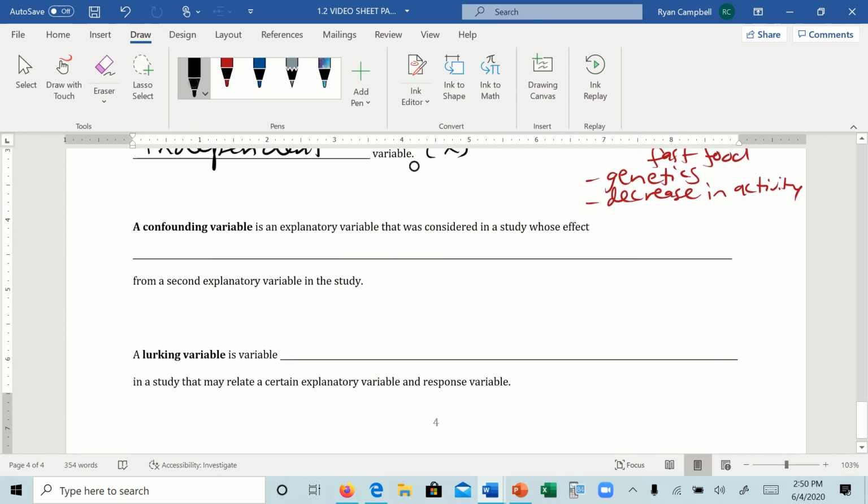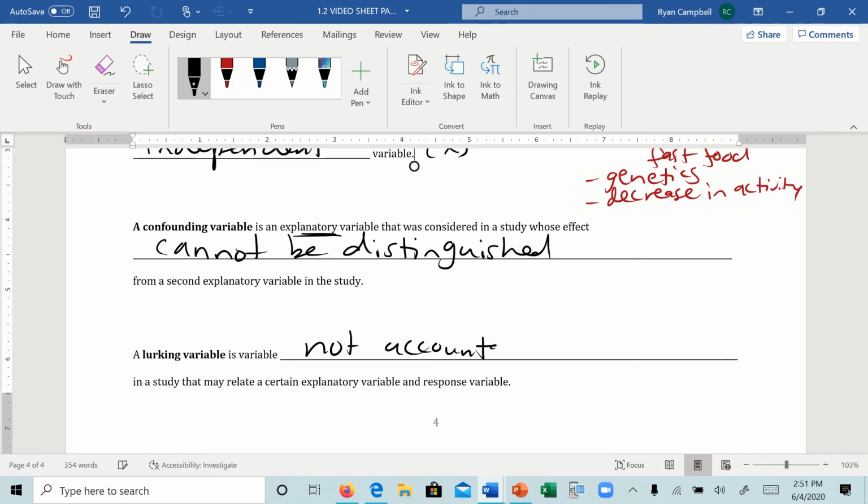All right, two more. The other two are the lurking variable and the confounding variable. The confounding variable is an explanatory variable, something that explains the response variable, that is considered in the study, whose effects cannot be distinguished from a second explanatory variable, as opposed to the lurking variable, which is an explanatory variable that is just not accounted for in a study that may relate to a certain explanatory variable.